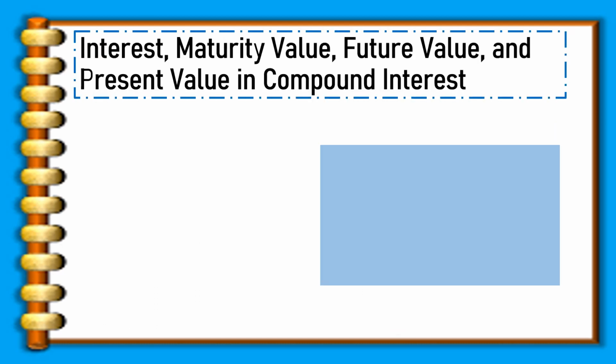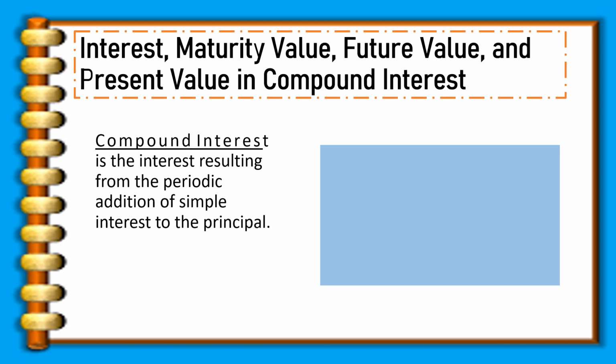Now, our discussion will be on compound interest, particularly interest, maturity value, future value, and present value. Let us recall the definition of compound interest. It is the interest resulting from the periodic addition of simple interest to the principal. In a compound interest, there is what we call the conversion period or compounding period.